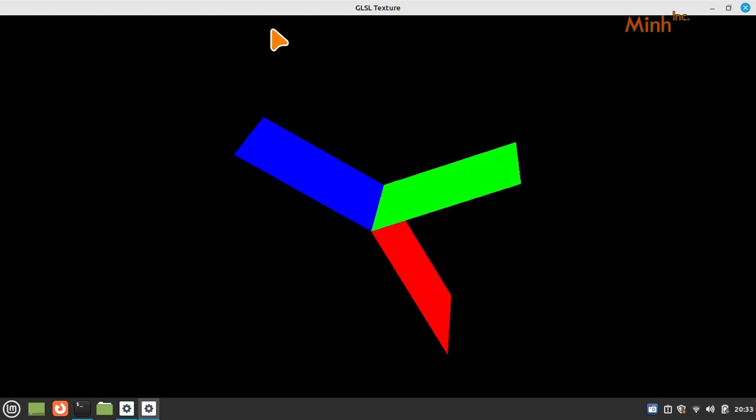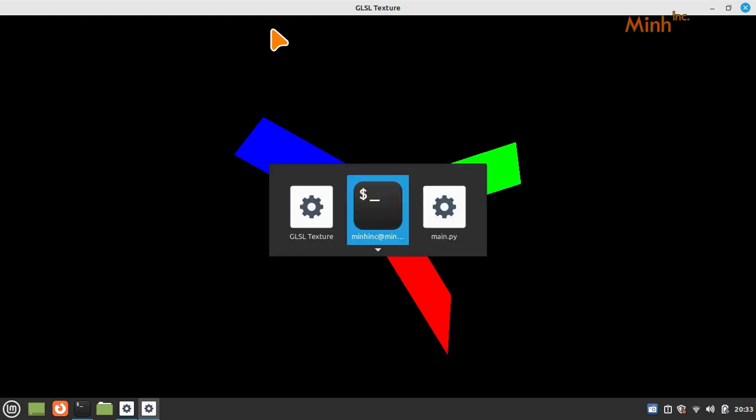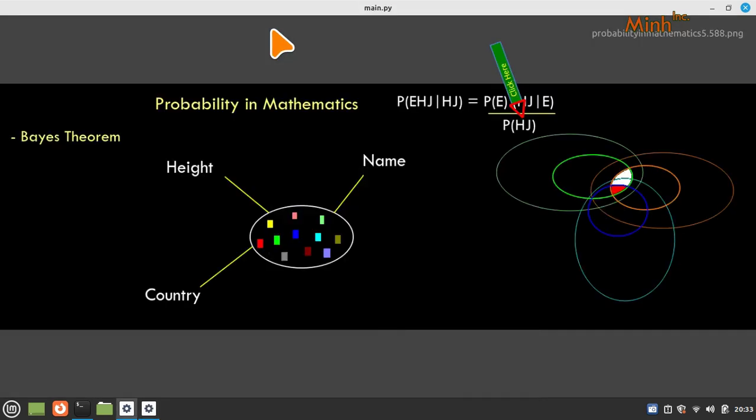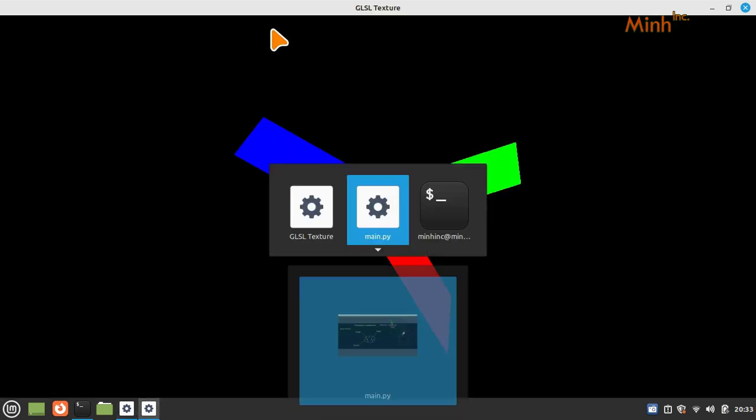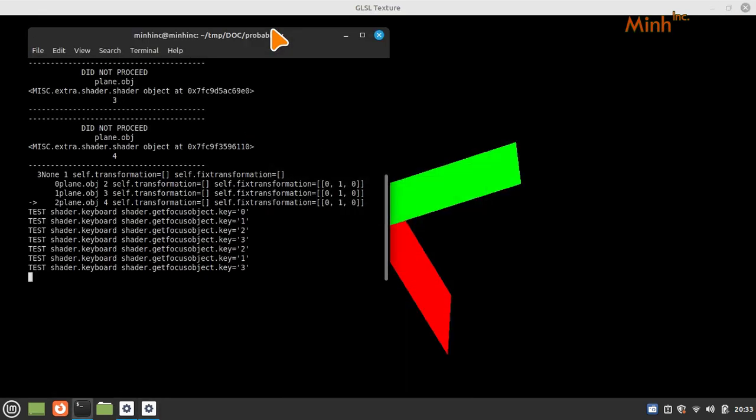Now, Bayes' theorem, when it talks about only 2 planes, we can think about it like in this case we have HJ, where the name is Joe and the height is H. Then we are thinking about one more plane.